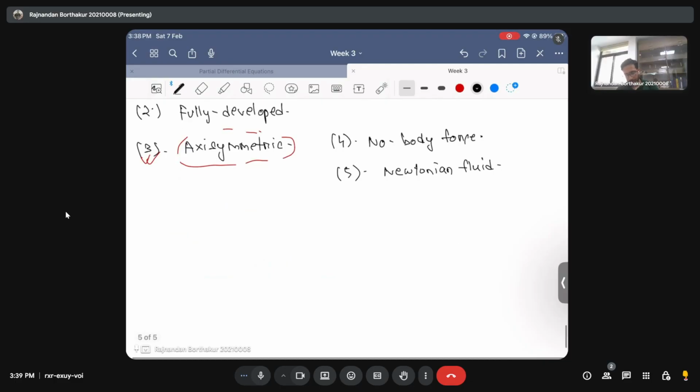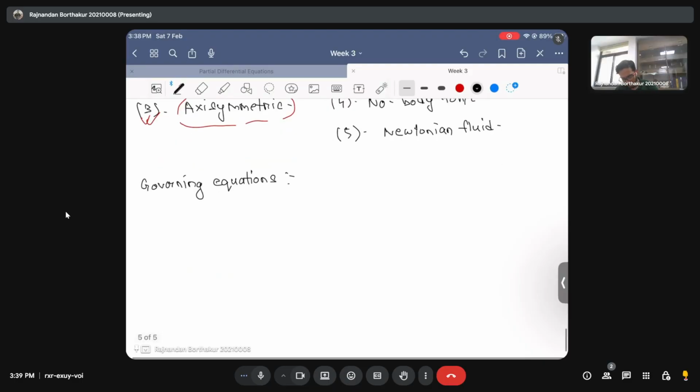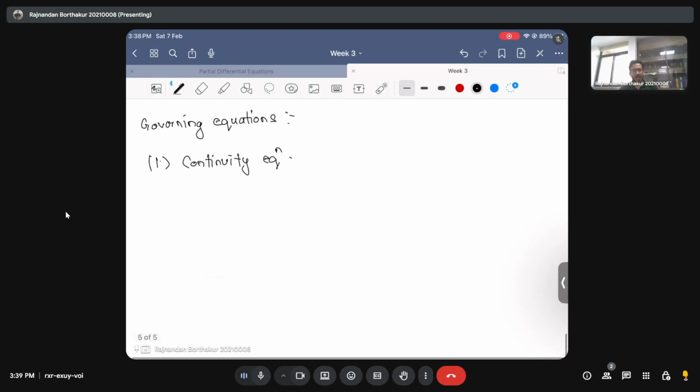Then let's write the governing equations, because this is the next step after writing the assumptions. First of all, the continuity equation.